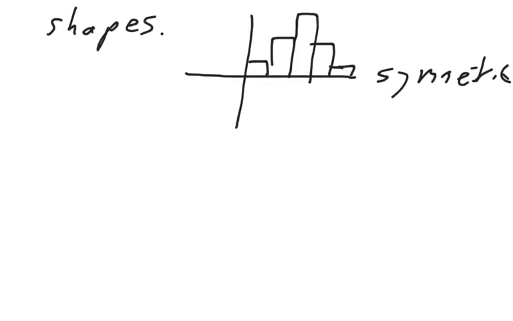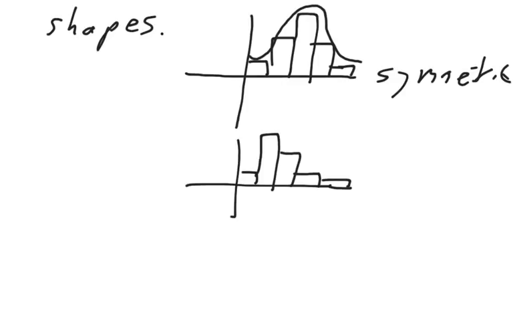Alright, we're going to take a brief time out to talk about the main 3 shapes we talk about in statistics. There are other shapes, but the big 3 are symmetric. Well, this one, if I sort of try to draw a curve, it kind of looks the same on each side. You fold it over and it's about the same. Nothing ever in statistics is perfect, so we would say this is approximately symmetric. The second shape, if I have a histogram that looks like this, where it goes up and then tails off to the right, this is called skewed right.